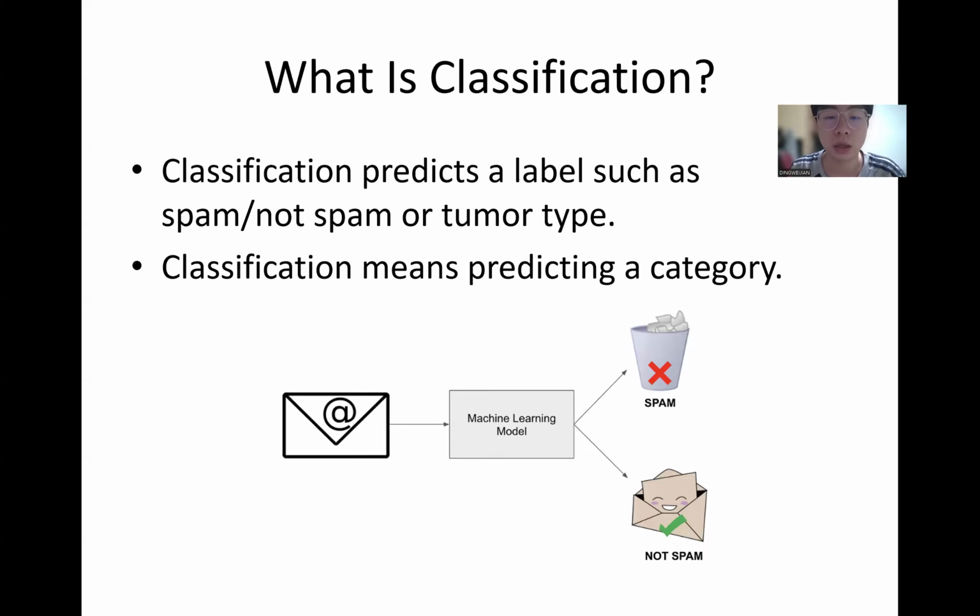Let's think about what classification is. Classification means predicting a category or label. For example, is an email spam or not spam? Is a tumor benign or malignant? Is a picture a cat, a dog, or a bird?